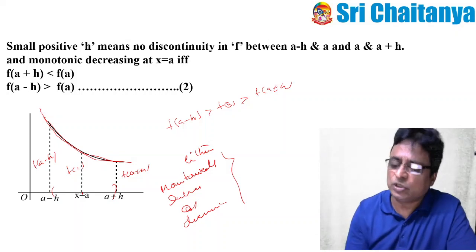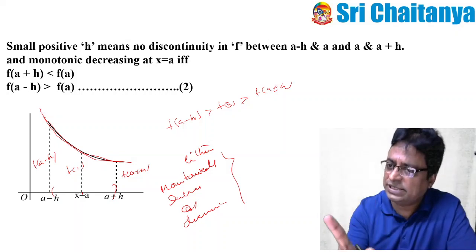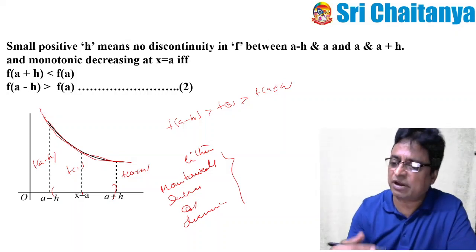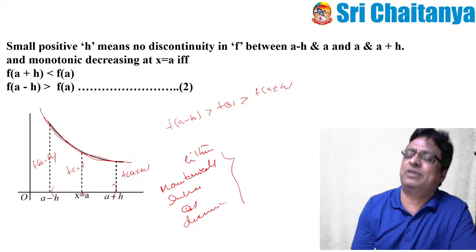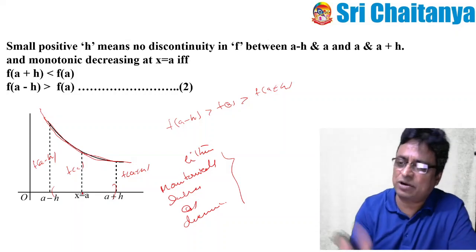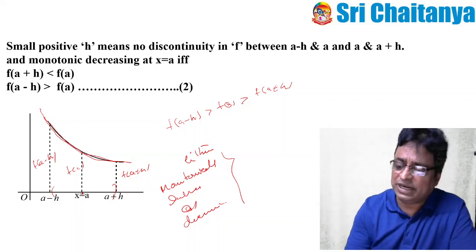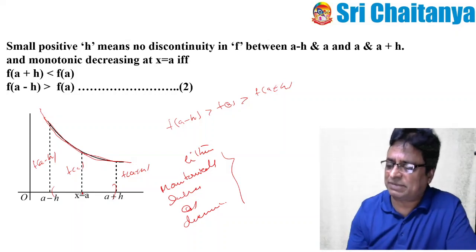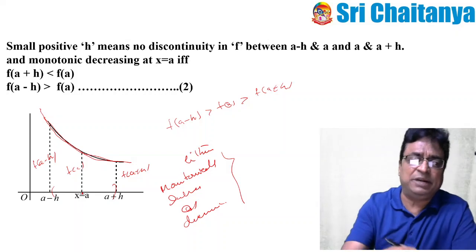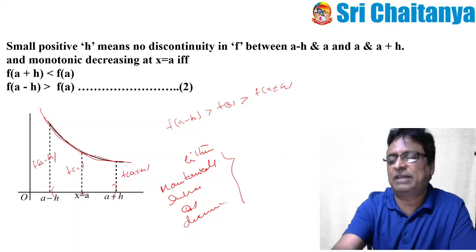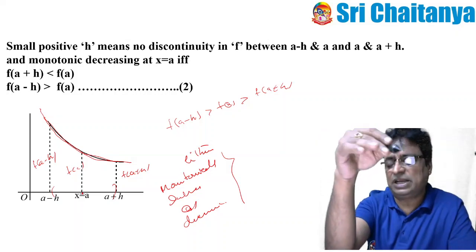Clear? So what is monotonic? Either increasing or decreasing, not both. If a function is not monotonic, then it is non-monotonic. Non-monotonic means it is sometimes increasing and sometimes decreasing; in the interval it may not maintain a steady pattern. In the entire interval it need not be strictly either increasing or decreasing.